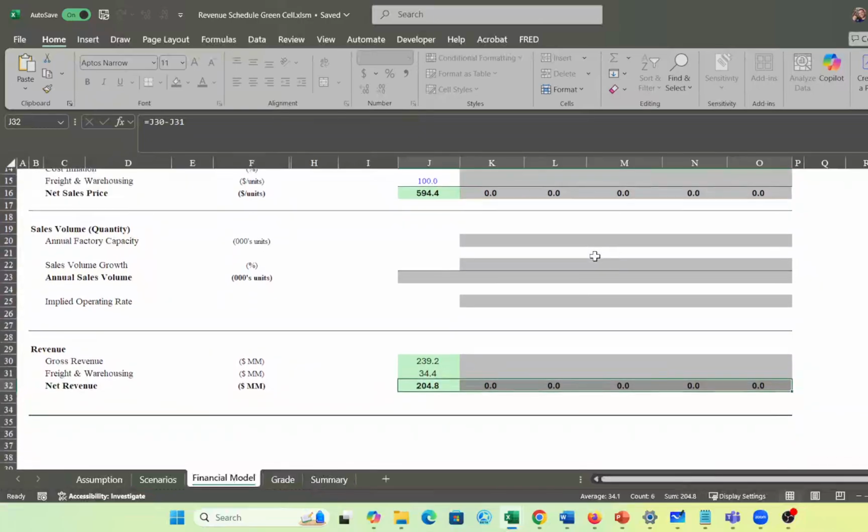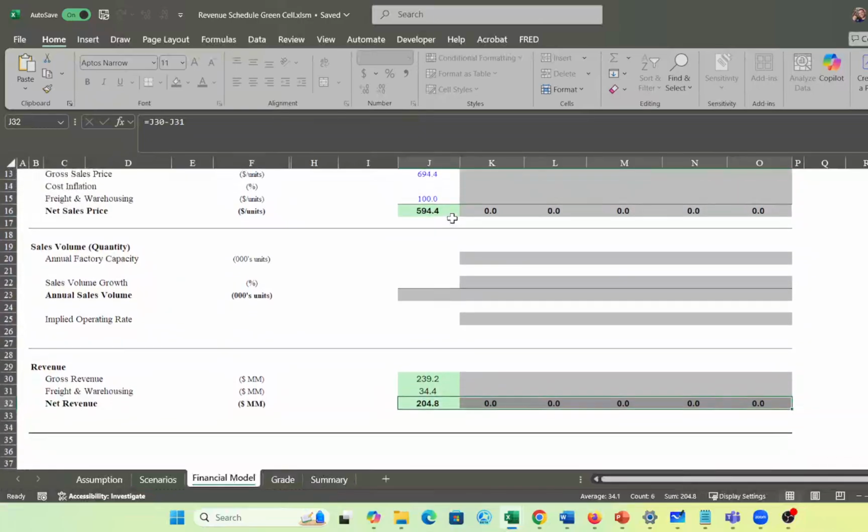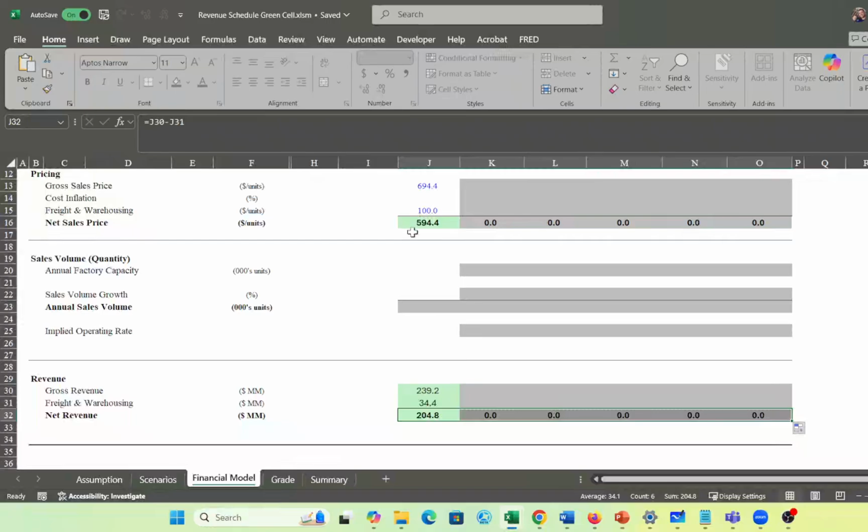Okay, since we were given the price in the case study, and we can find the revenue from the income statement, now what we can do is find out the quantity. How many units did we sell? Well, price times quantity equals revenue. So to find the quantity, that's going to be equal to the revenue divided by price.